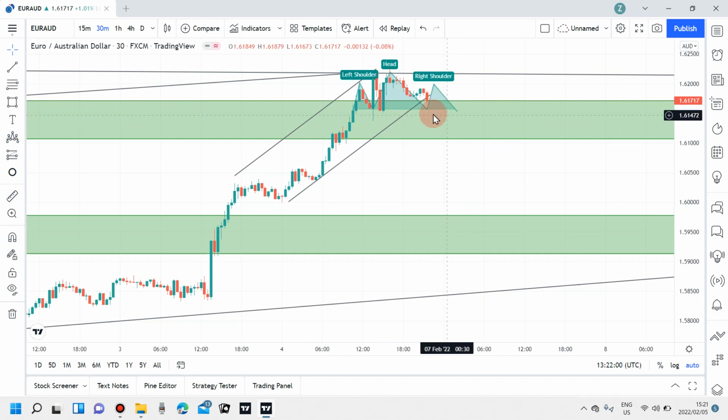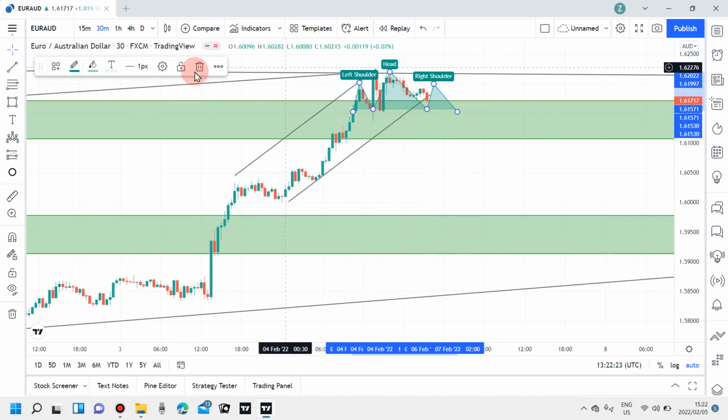So currently the market, today is a Saturday and the market is closed. So hopefully when the market opens on a Monday, it may form our head and shoulders setup.